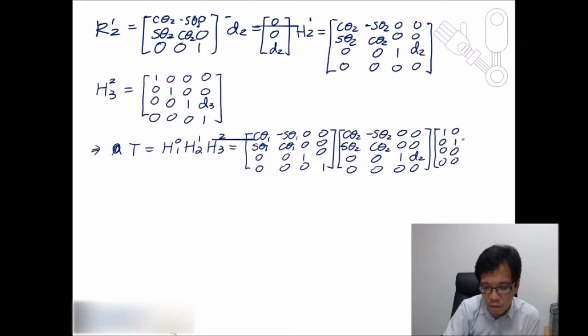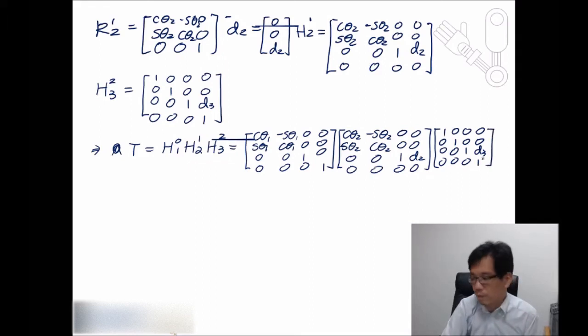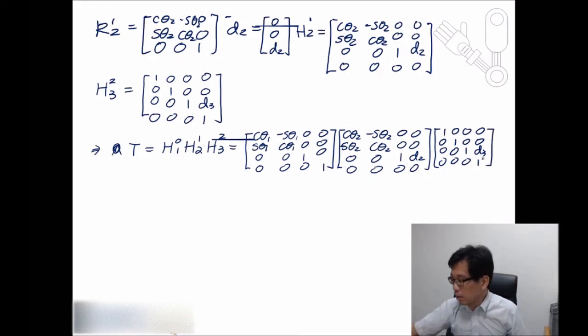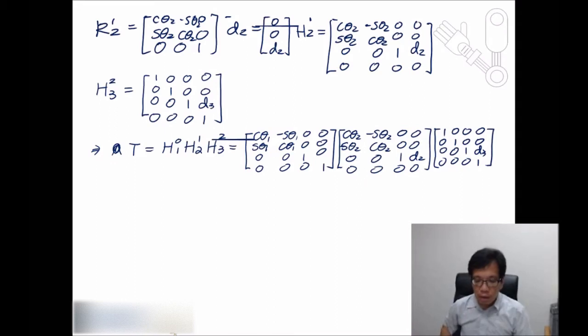This one, this one, this one, this one. 0, 0, 1, 0, 0, 0, D3, and 1. So this is going to be the matrix that we need to deal with. So if we expand the equation, the matrix is going to look like a huge one.